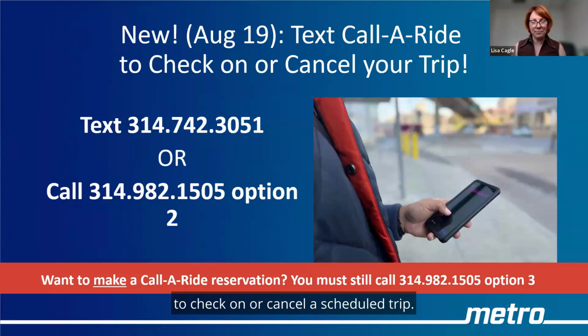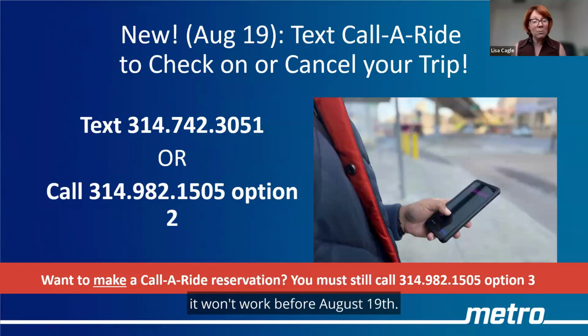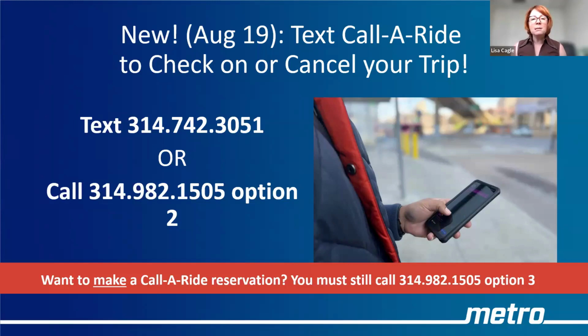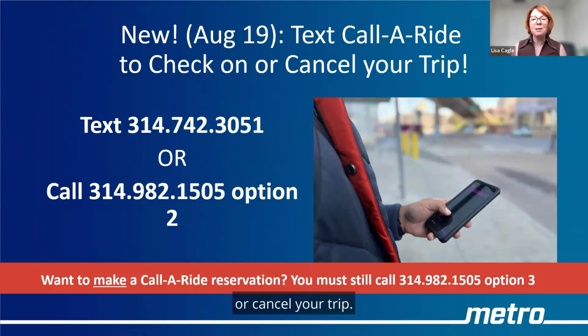a scheduled trip. If you want to go ahead and add this number to your phone, it won't work before August 19th, but if you want to add it for August 19th, the number to text is 314-742-3051. You will need the name of the person that the trip is scheduled for, your home address, and the date of the trip in order to check on or cancel your trip.